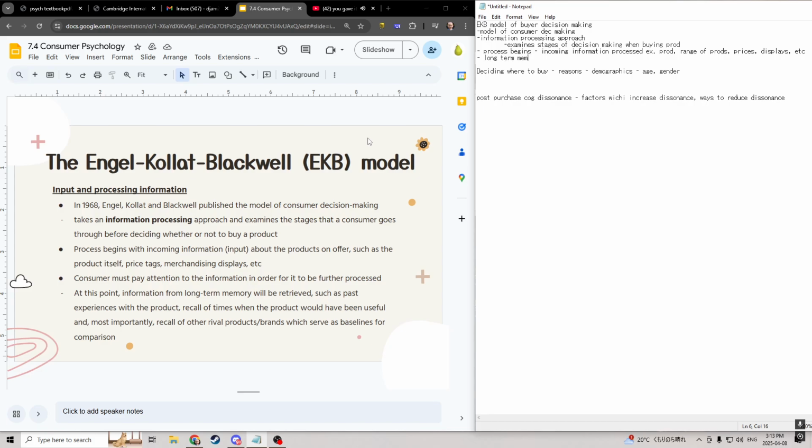Long-term memory retrieved soon after. Past experiences with product.